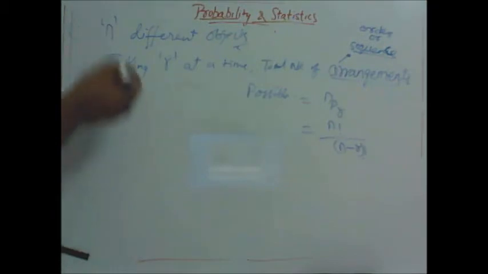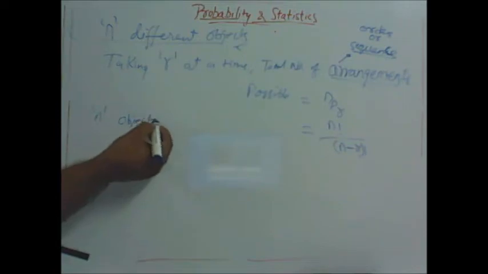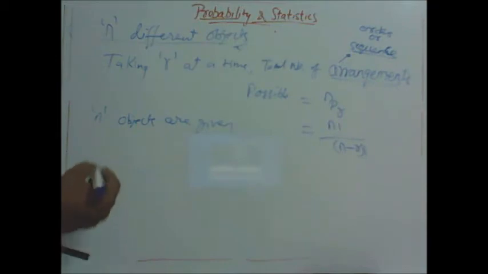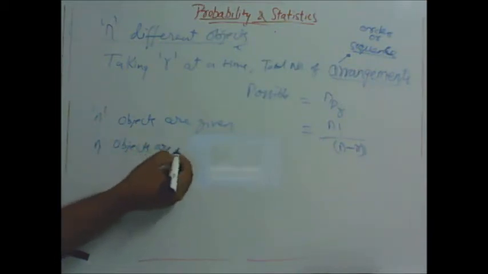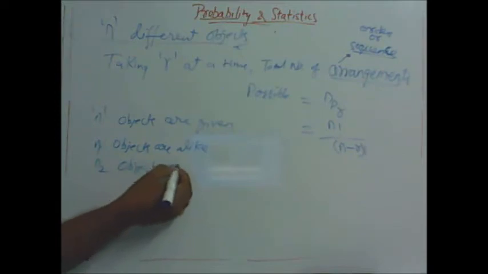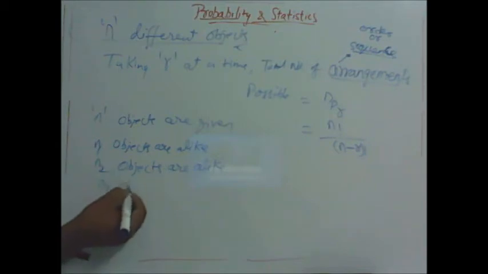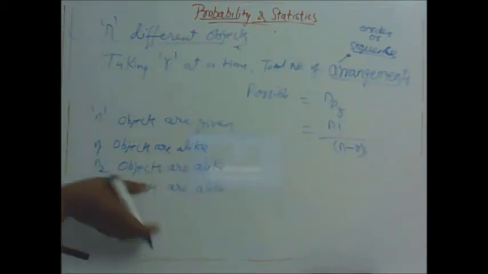Now, if n objects are given, in that some n1 objects are alike, and then again some other n2 objects are alike, and again some n3 objects are alike, and the remaining objects are different.